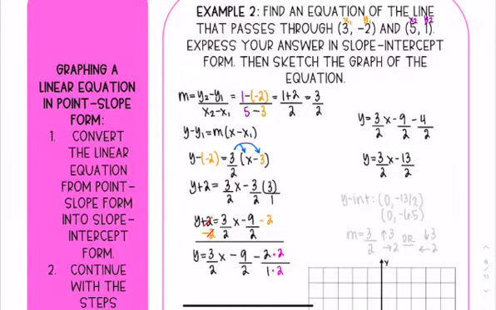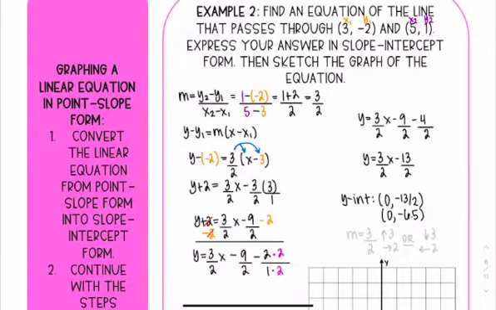And so let's talk about what the y-intercept is, because that's the first thing that we need to plot. And so my y-intercept would be 0, -13/2, or we can say 0 and -6.5.